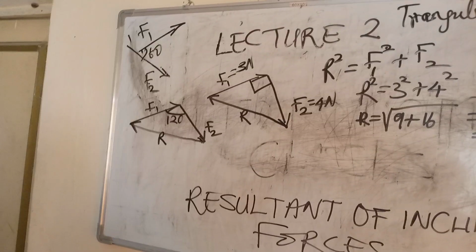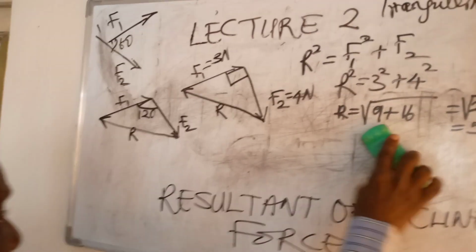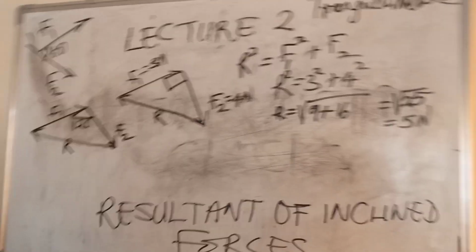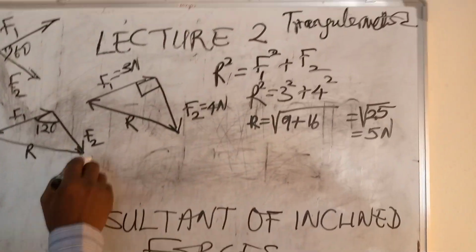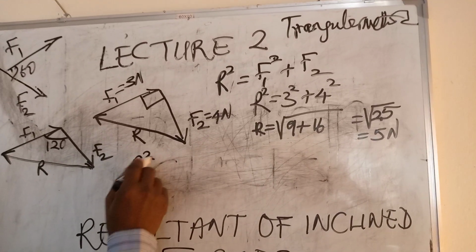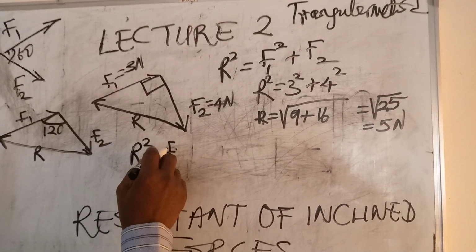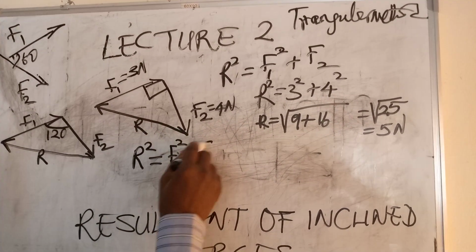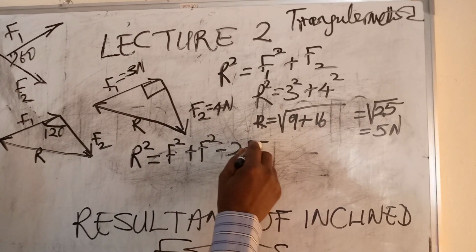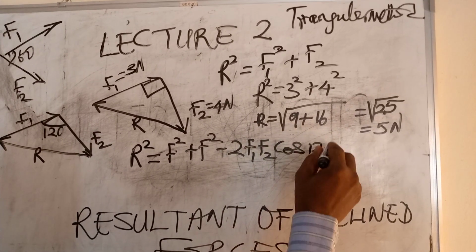Now, to calculate the resultant R, we use the cosine rule, which in this case is: R squared is equal to F1 squared plus F2 squared minus 2 F1 F2 cos the angle between them, in this case 120 degrees.